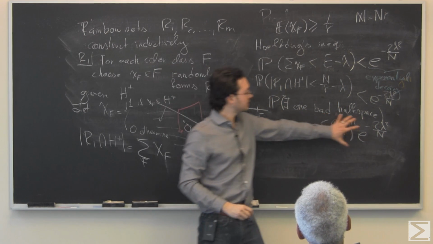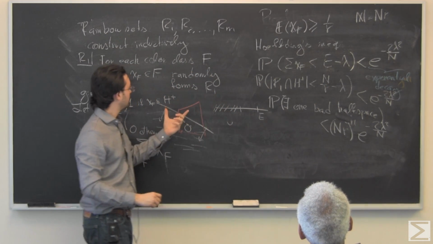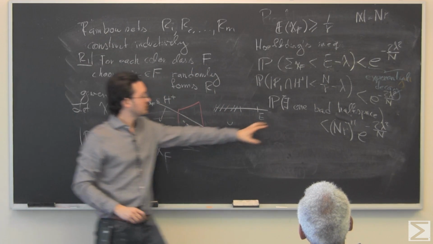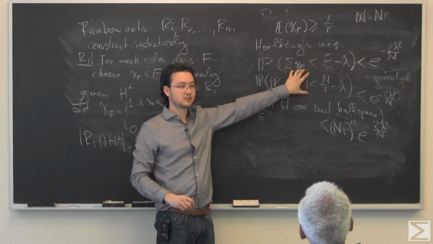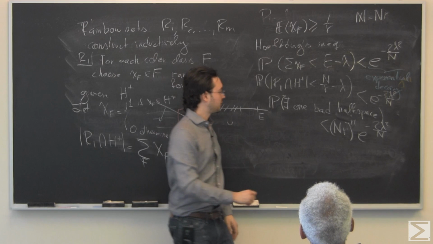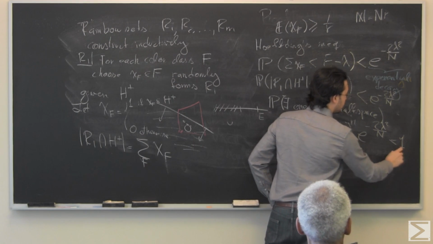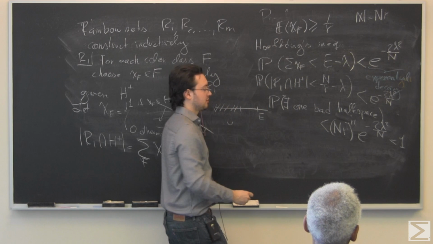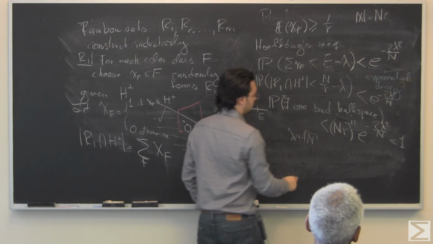So as long as this is less than 1, I will have one configuration of points where this never happens. Okay? And for this, you can set this equation and solve for lambda, but it basically gives you lambda being roughly the square root of n.